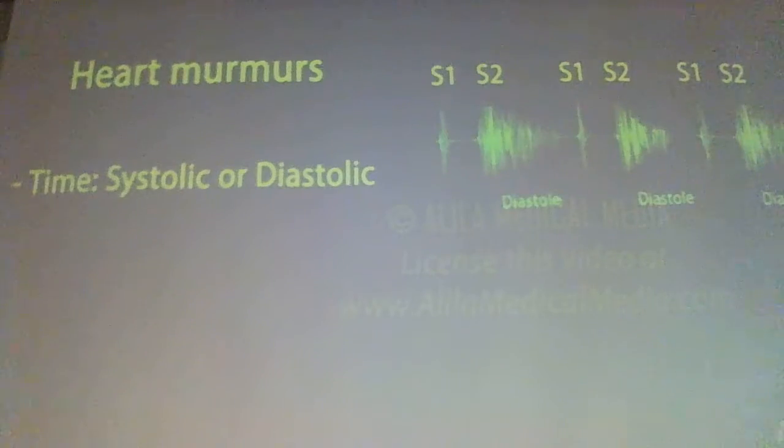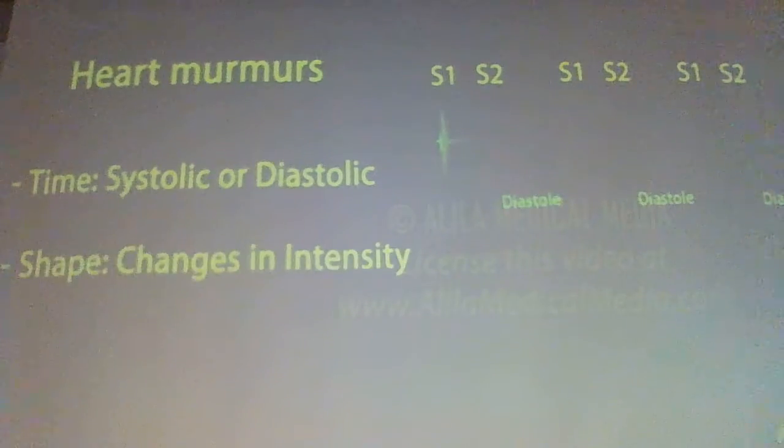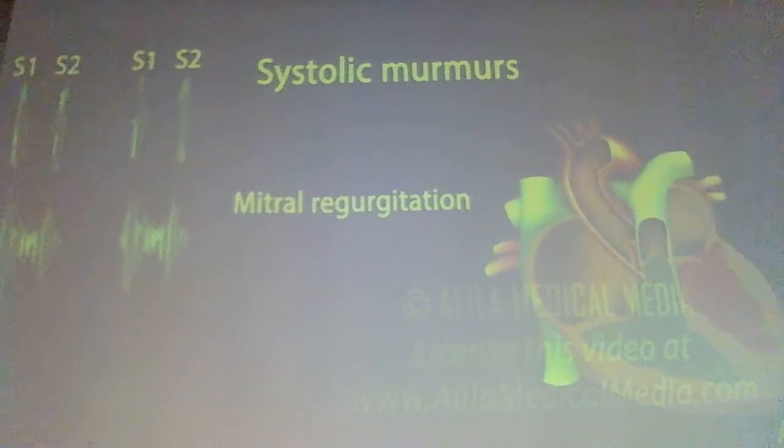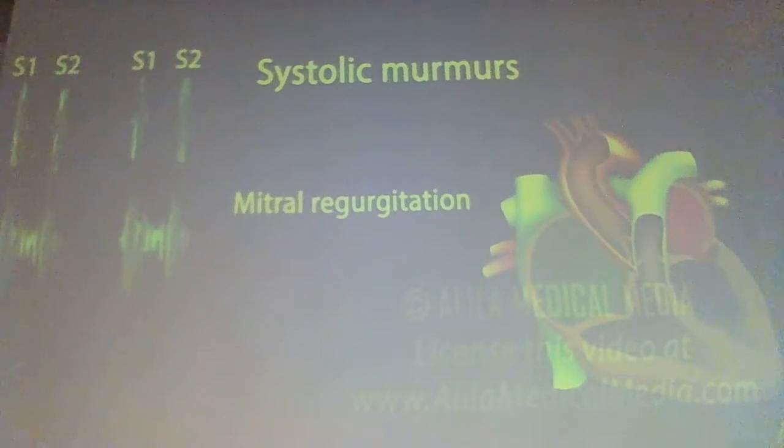Heart murmurs are whooshing sounds produced by turbulent flow of blood. Murmurs are diagnosed based on the time they occur in the cardiac cycle, their changes in intensity over time, and the auscultation site where they are best heard. Examples of conditions associated with common systolic murmurs include mitral valve regurgitation, when the mitral valve does not close properly and blood surges back to the left atrium during systole.